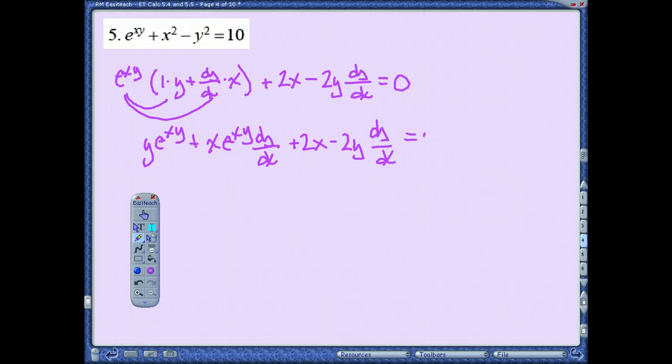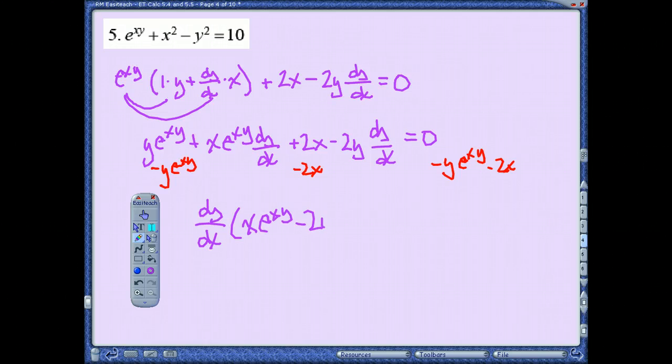Don't expect it. All right, so I've got my dy dx terms where I want them. I'm going to go ahead and subtract that y e to the xy, and I'm going to subtract the 2x. So subtract those from both sides. Okay, so now if I factor out my dy over dx, I'll have x e to the xy minus 2y.